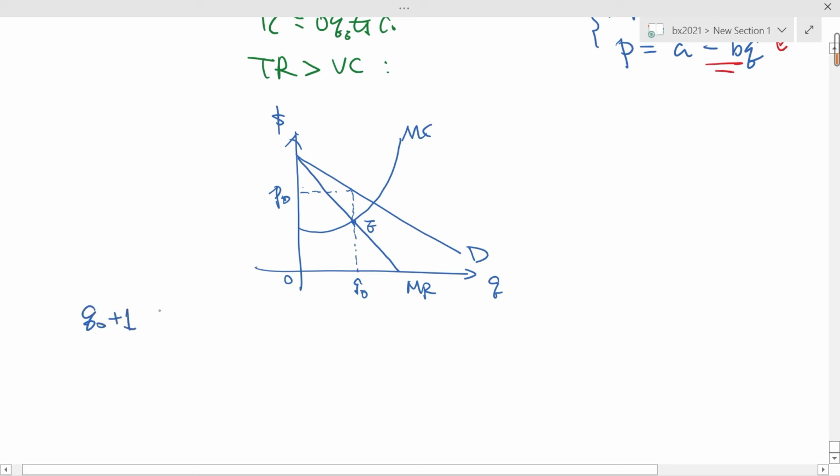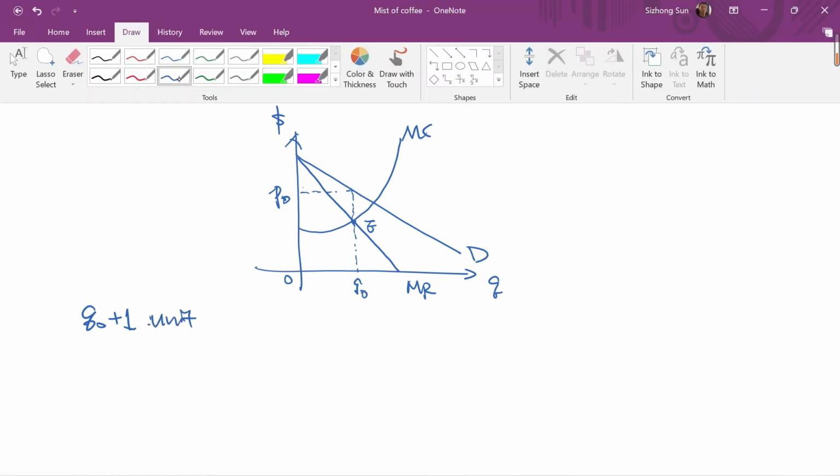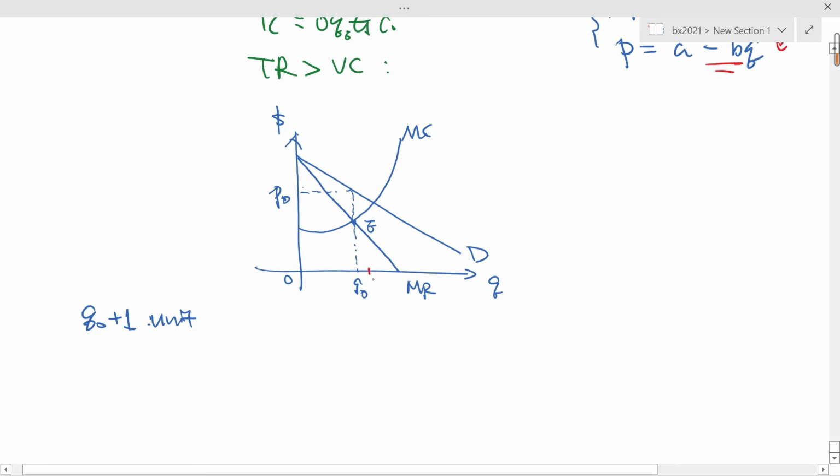Let's look at QO plus 1 unit. For this unit, the monopoly firm is going to say that I'm not going to produce this unit, because the extra cost is higher. This is the extra cost: go from quantity up to the marginal cost curve, which gives the marginal cost of this unit.